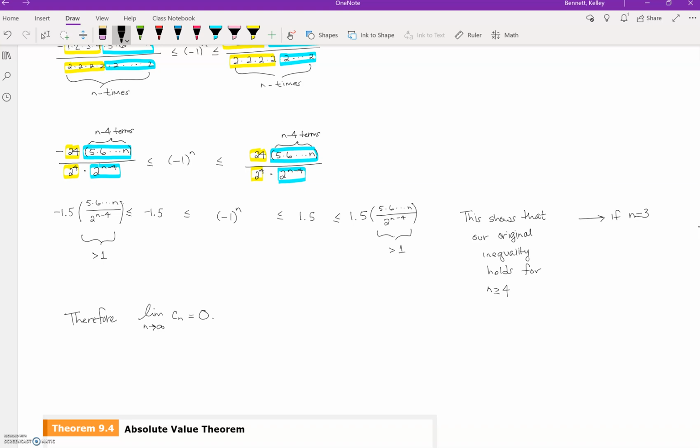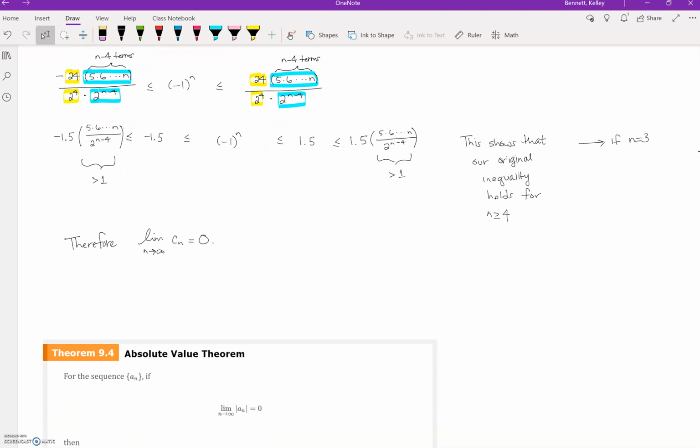So again, a of n had a limit of 0, b of n had a limit of 0. We showed that c of n was always tucked in between a of n and b of n whenever n was larger or equal to 4. And so therefore it follows that c of n also has to have the same limit as a and b.